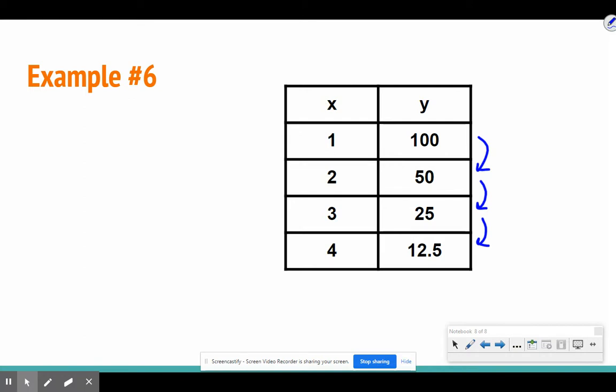Now, when we put our decay factor in, we don't put dividing by 2 into our b. We have to think about what we are multiplying by. So what's the same thing as dividing by 2? It would be multiplying by what?